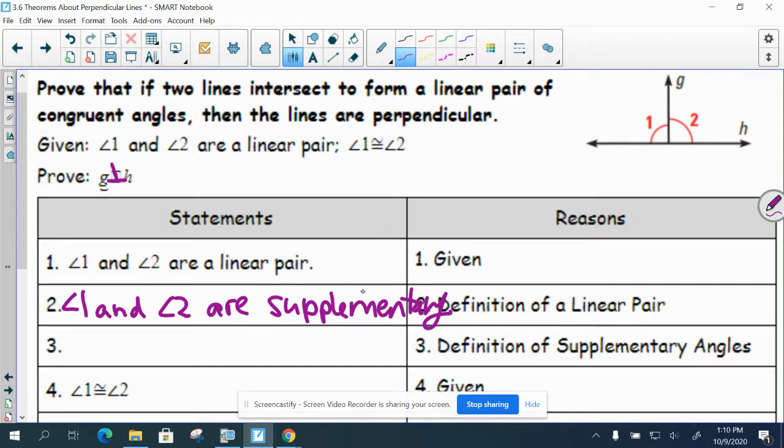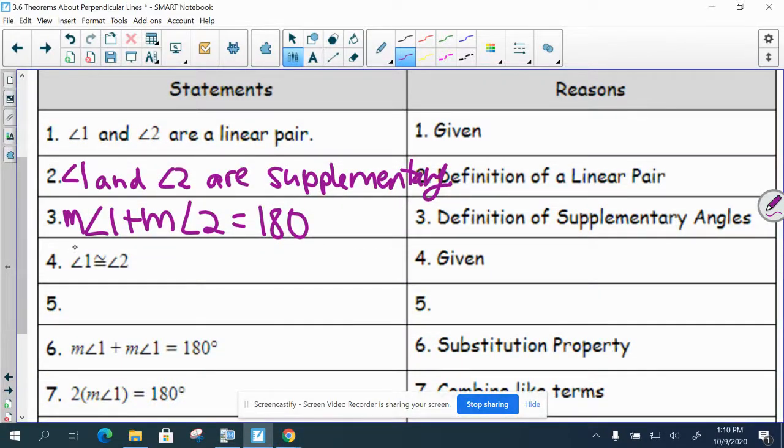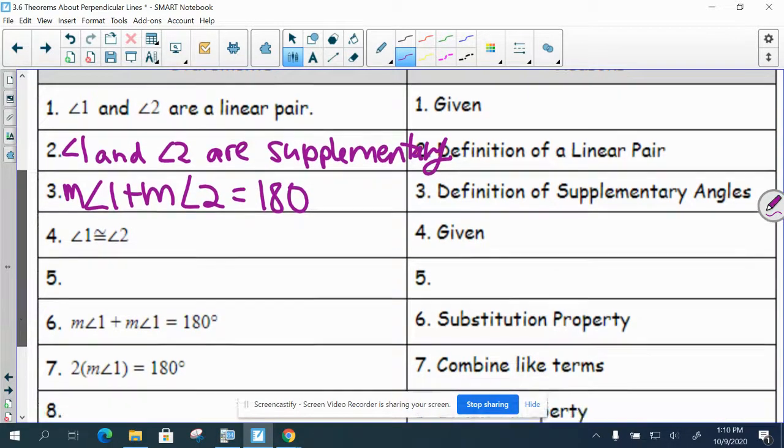And then since they are supplementary, by the definition of supplementary angles in step 3, we can say that the measure of angle 1 plus the measure of angle 2 equals 180. And then we're also given that angle 1 is congruent to angle 2. So what do you suppose we could say in step 5? Well, here we're working with the measures of angles, and here we're saying that they're congruent.